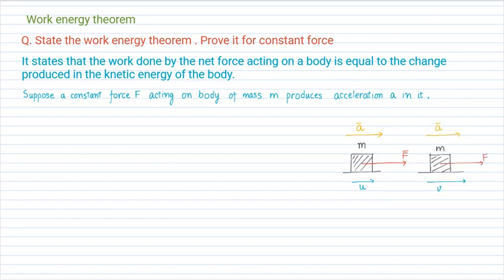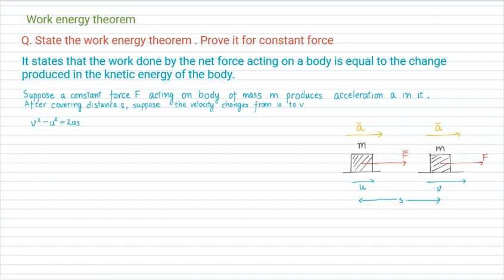So consider a body which was moving with the velocity u. You applied some force. Because of this force, acceleration came into the picture. This acceleration increased the velocity from u to v because of the force in this direction, which causes an acceleration on this body of mass m. Let us consider that this body acquired the new velocity after covering some distance s.